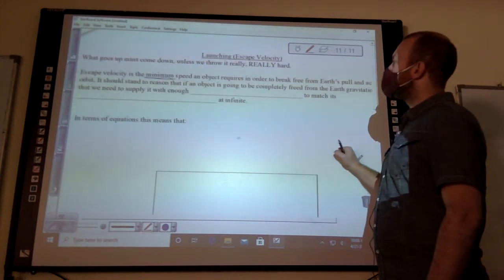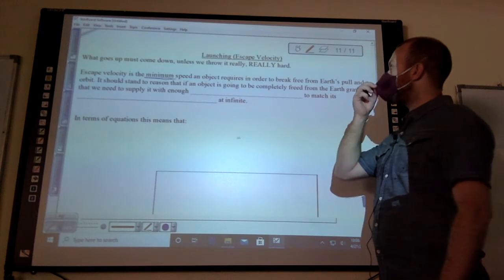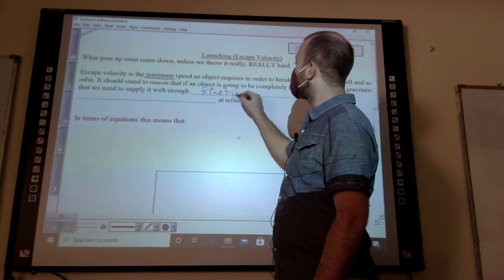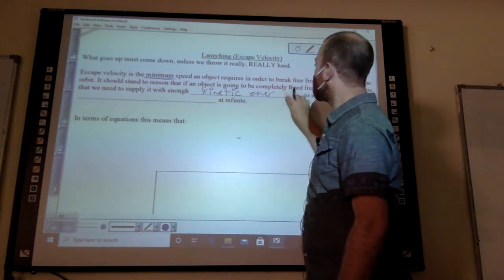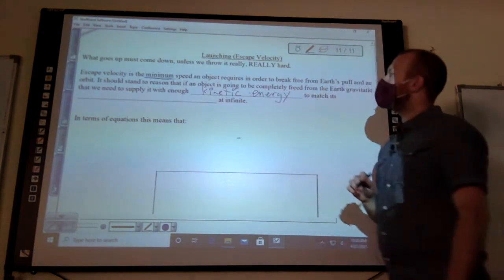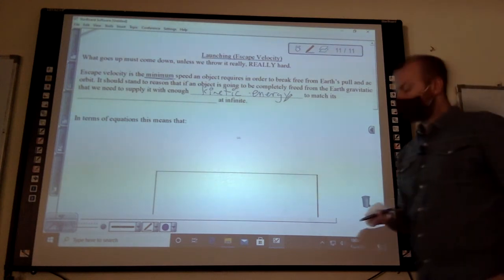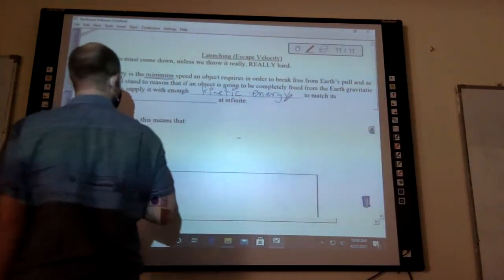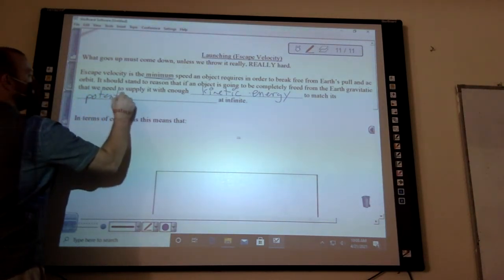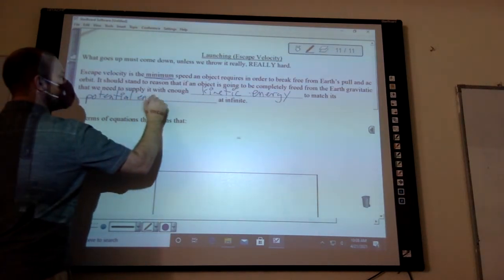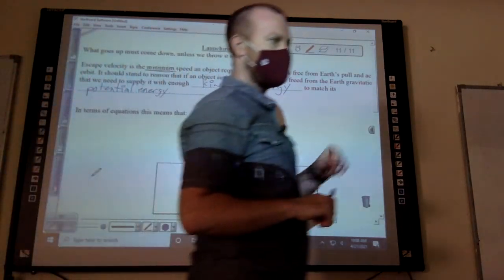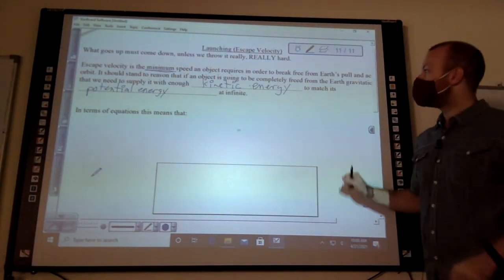So basically we're going to give an object enough kinetic energy in order to match its potential energy once it gets to infinity. Let's look at what this would look like.